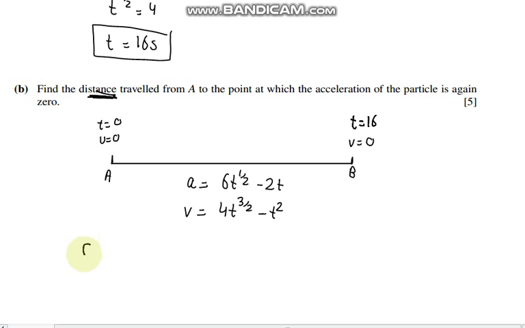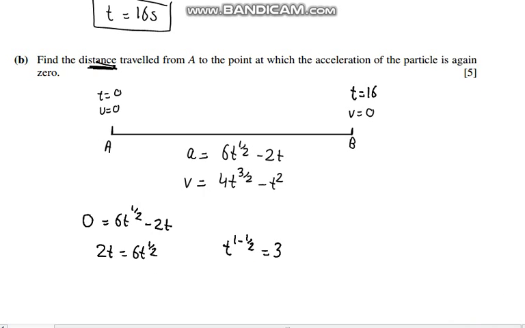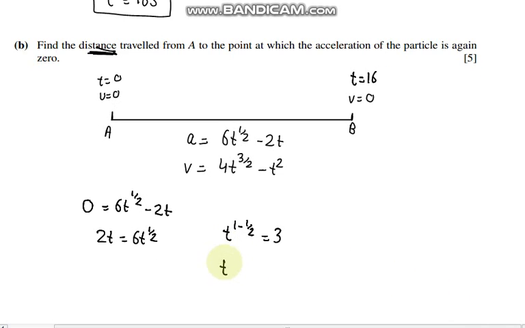Putting a equals 0, 6t^(1/2) minus 2t equals 0, 2t equals 6t^(1/2), t^(1-1/2) equals 3. So t^(1/2) equals 3, and squaring both sides makes t equals 9 seconds. So at t equals 9 seconds the acceleration is 0.